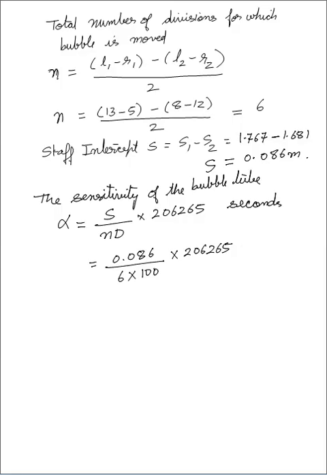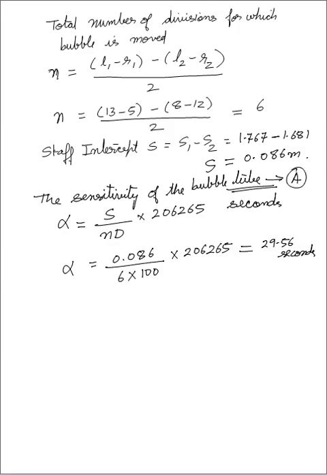So basically the answer is 29.56 seconds. This is the answer for sensitivity of bubble tube A.